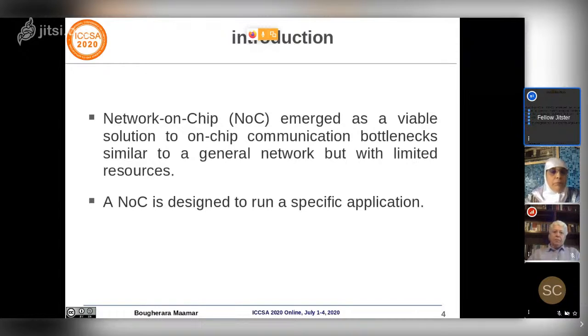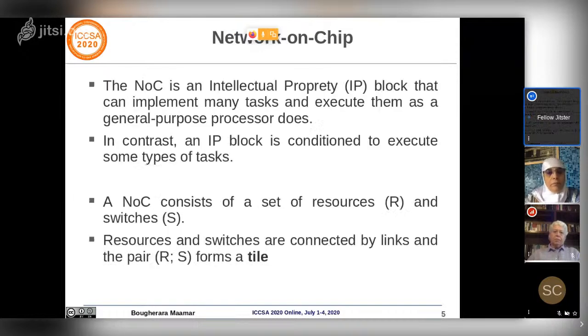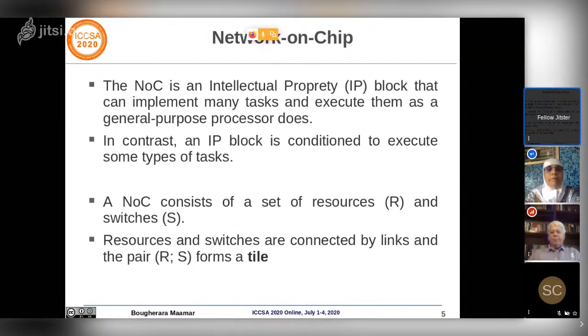It's similar to a general network, but with limited resources. The network on chip is made of intellectual property blocks that can implement many tasks and execute them as a general purpose processor does.